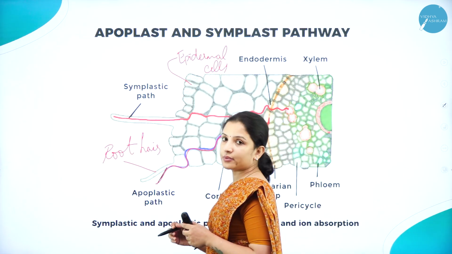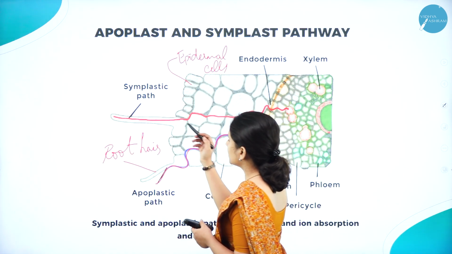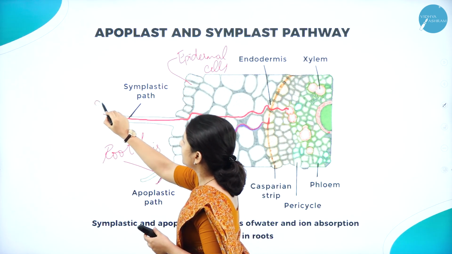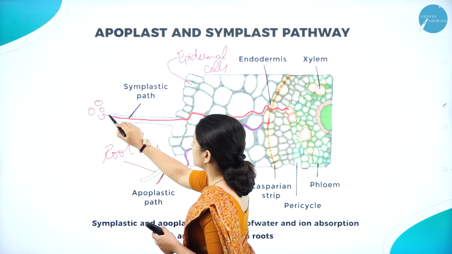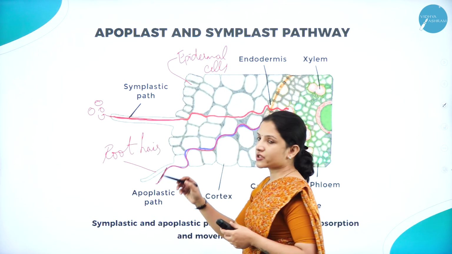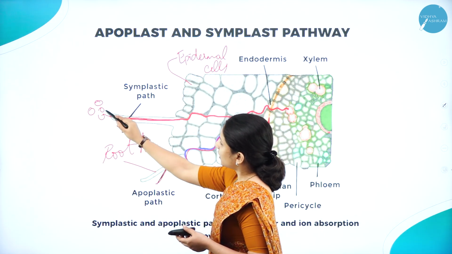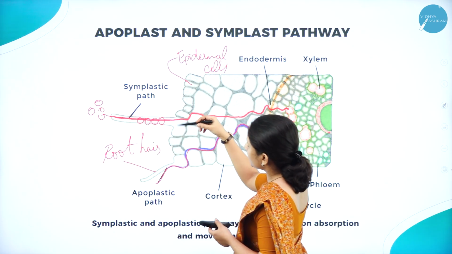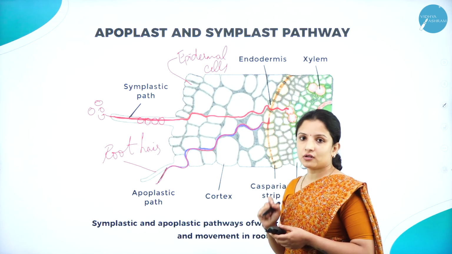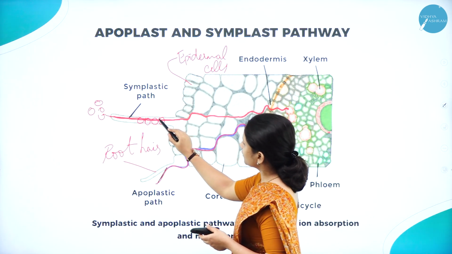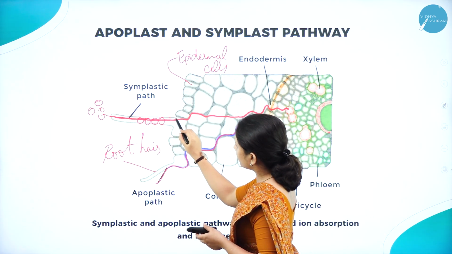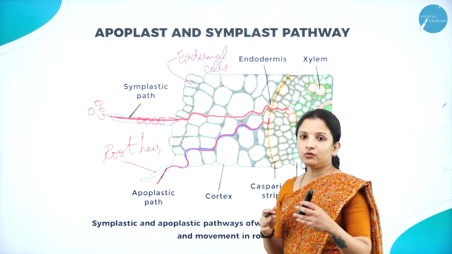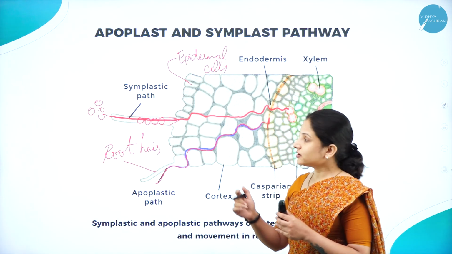So here, in the symplastic path, the water molecules travel from a region of higher concentration to the region of lower concentration. Here, root hairs will absorb the water molecules. Now, this is the region of higher concentration and the epidermis is the region of lower concentration. So it has to move from the root hair to the epidermis through the plasma membrane. How will it move? Through the plasmodesmatal connections that are present.